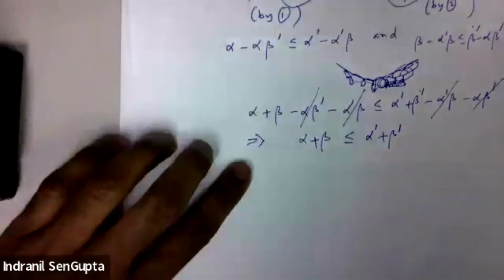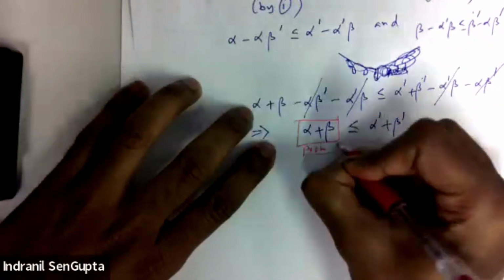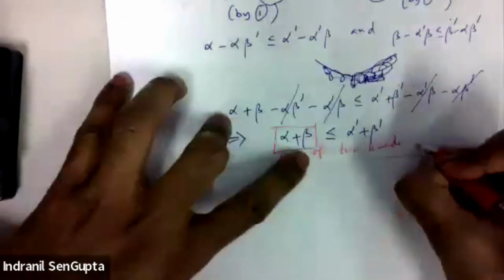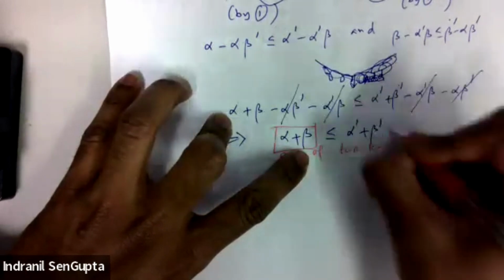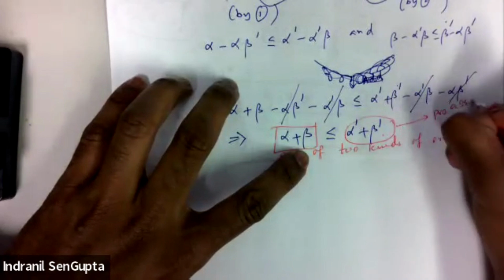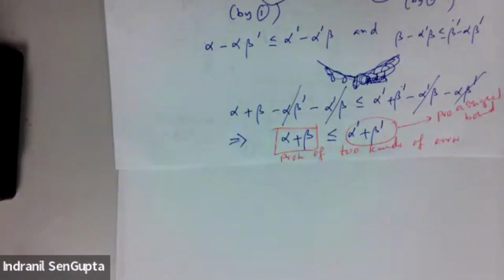So this is what? This is the probability of two kinds of error. It's our pre-assigned bound. So there is a pre-assigned bound.